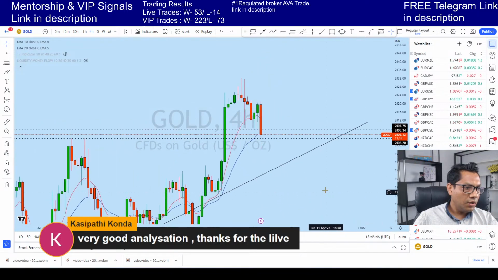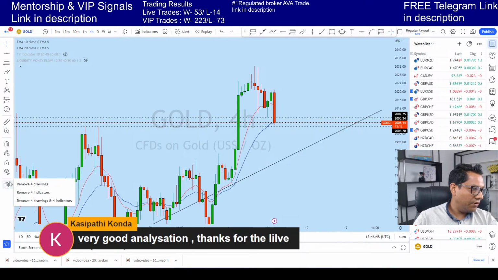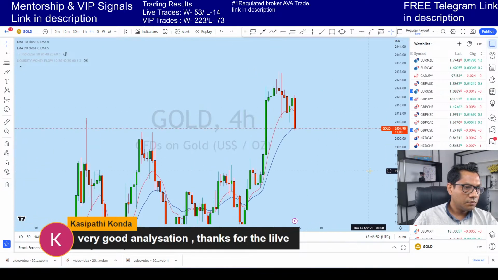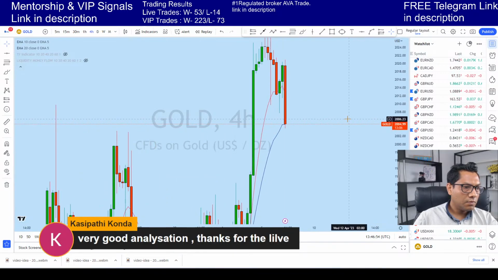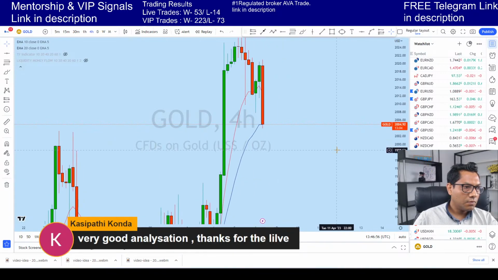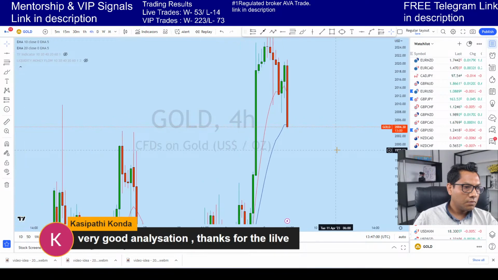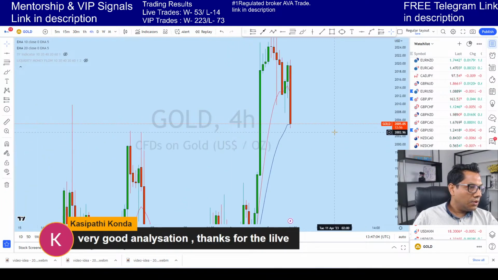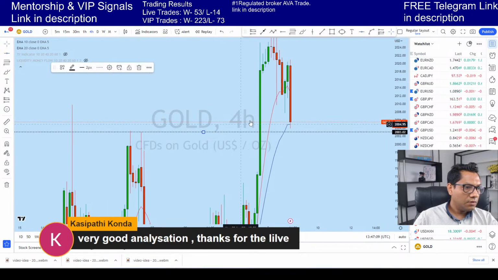Because gold normally respects 20 EMA very much. And this is an important level of resistance here.